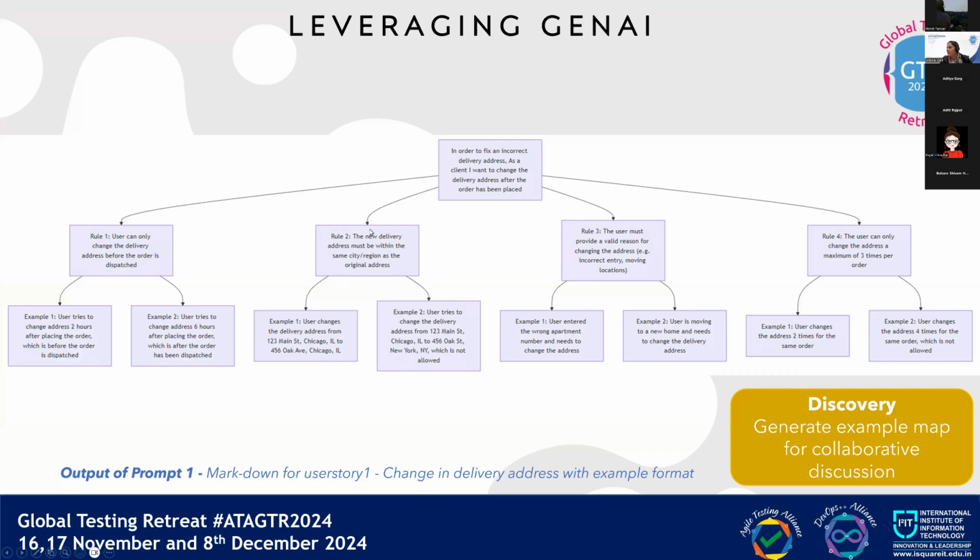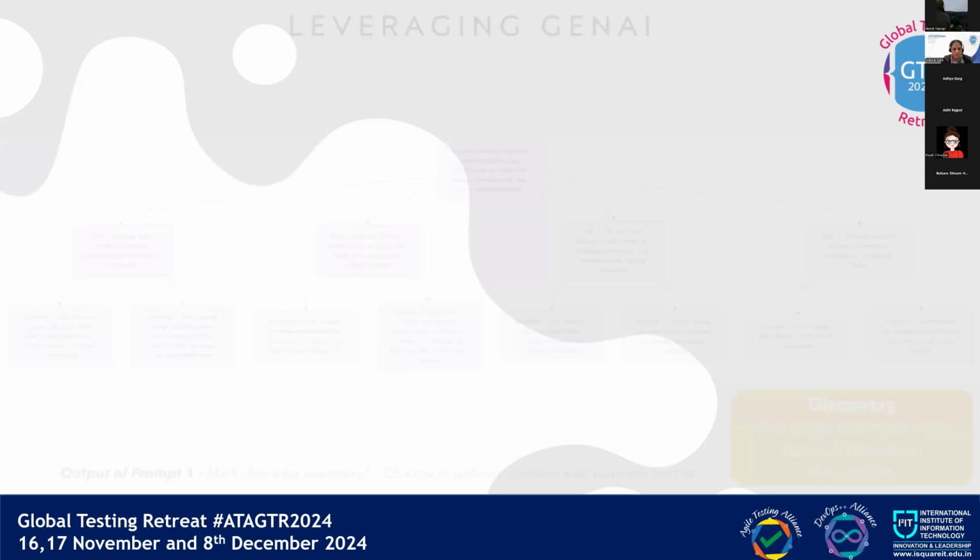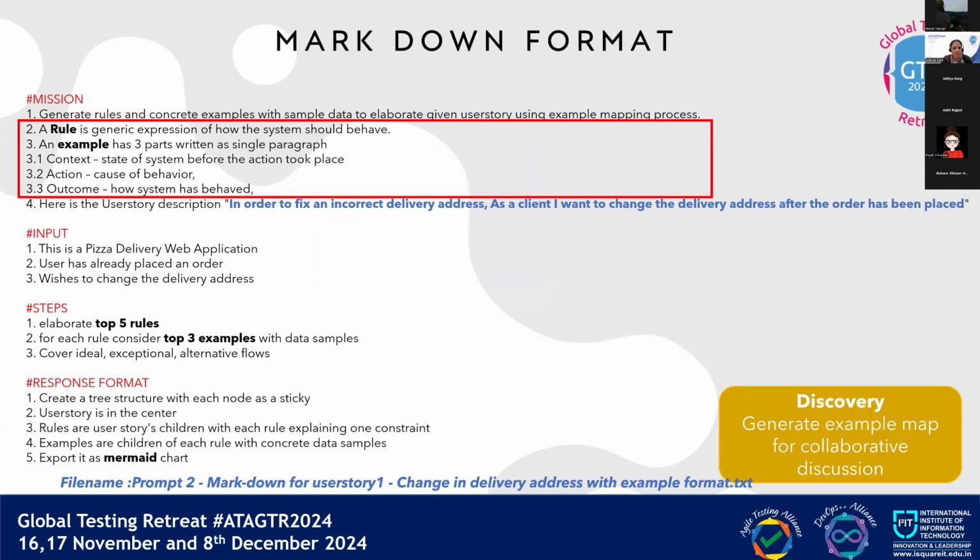All right, we'll go to the next one. So what we'll do now is tweak the prompt to indicate, one second, I have explained the rule over here. A rule is a generic expression of how the system should behave, and an example has context, action, and outcome.